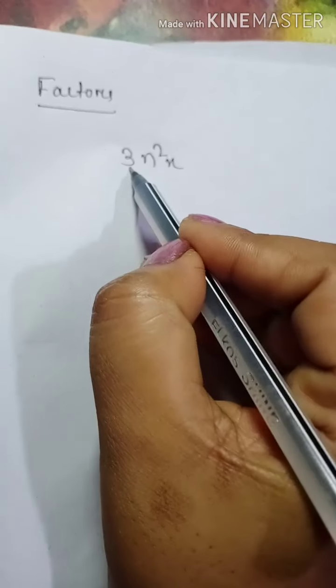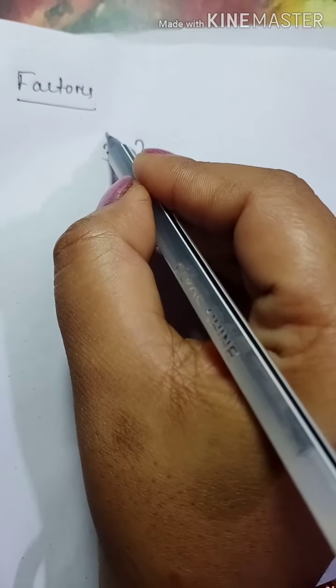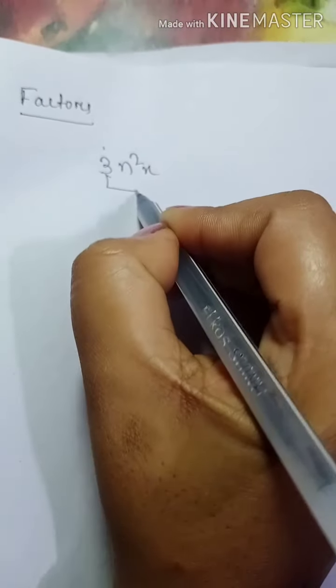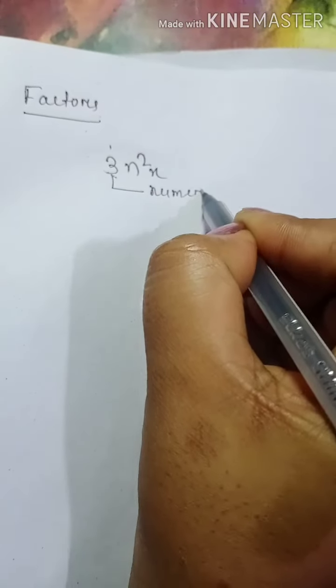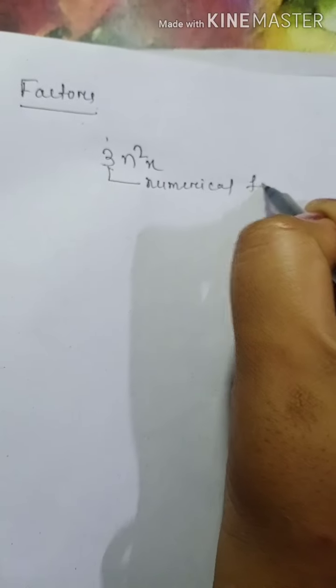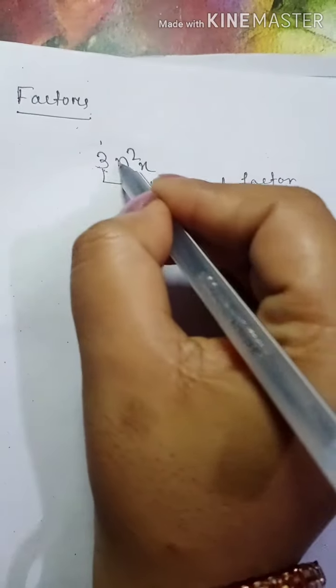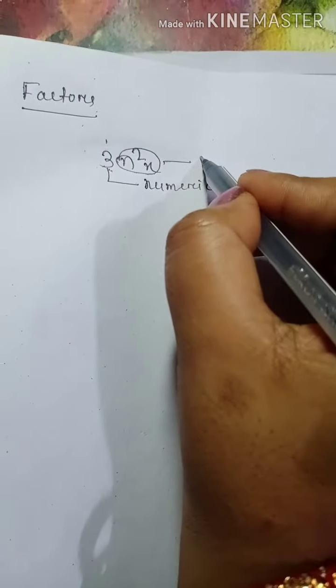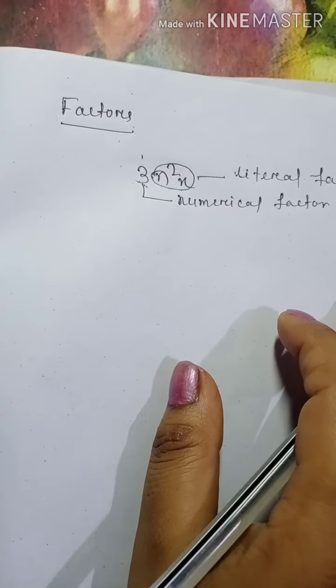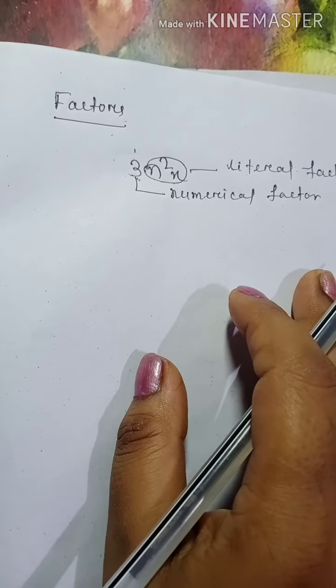But as it is the constant value, as I told, it is termed a numerical factor. What is that? Numerical factor. And here these are all variable, literal factors. What are these? Literal factors. Okay, now next.